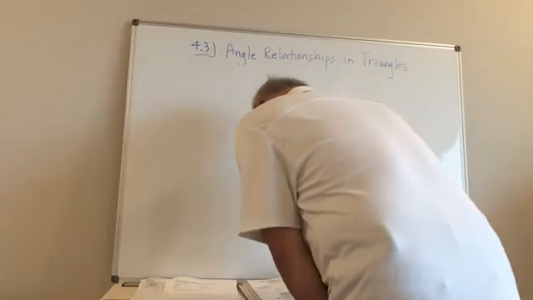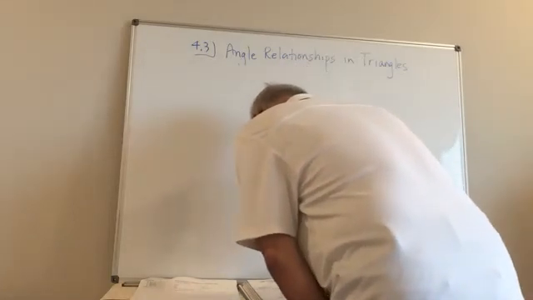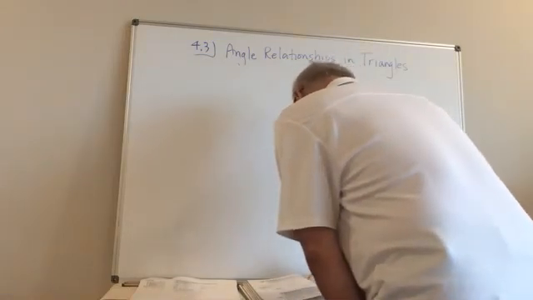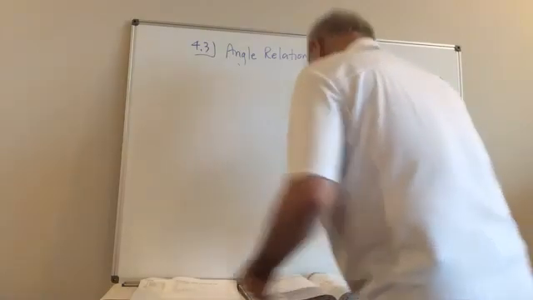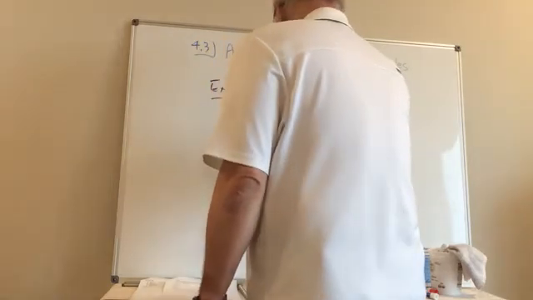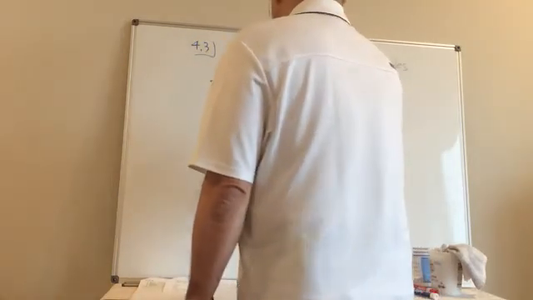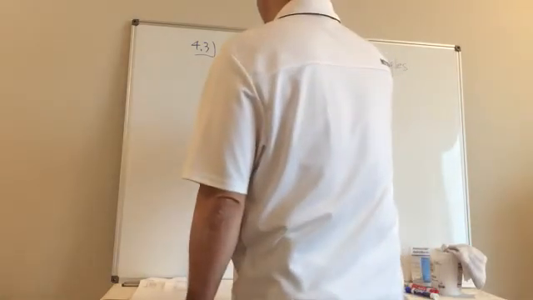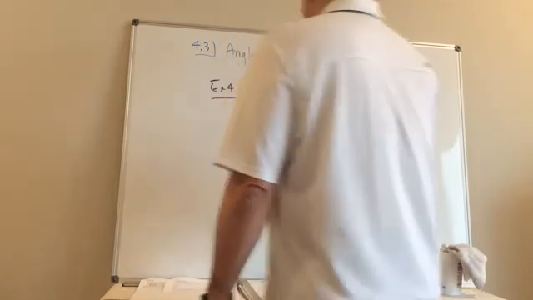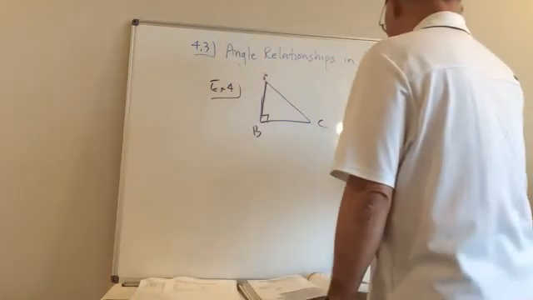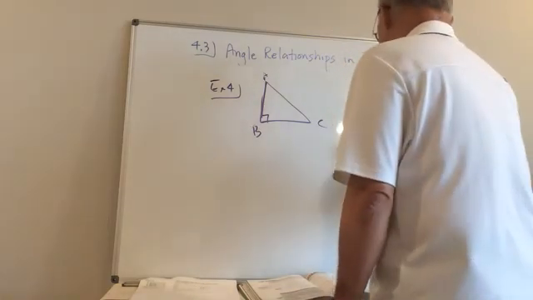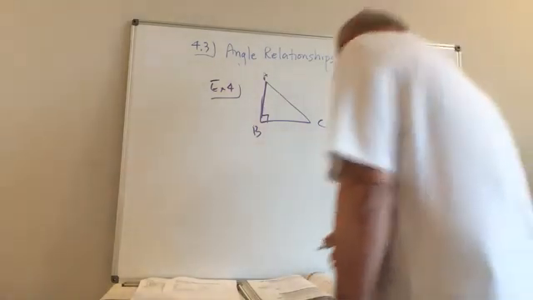So let's see, go to example number 4, applying the third angles theorem. Find angle measures C and F. So we have triangle ABC, where this is a right triangle. Then we have triangle EDF.